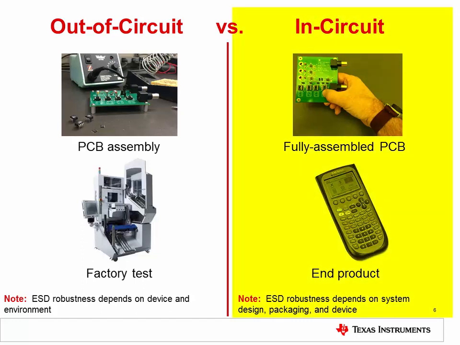An in-circuit ESD event refers to damage caused on a fully assembled PCB or end product. In this case, the product packaging, product design, and the device's own robustness determine the ESD susceptibility of the product. The ESD protection circuits that are included in the device are intended to protect against out-of-circuit events.